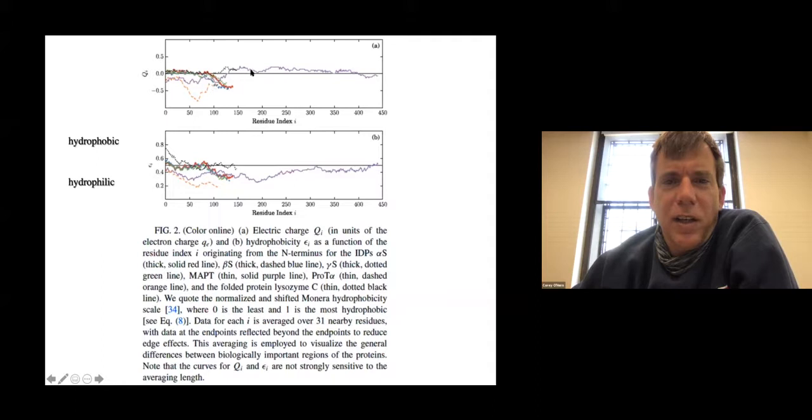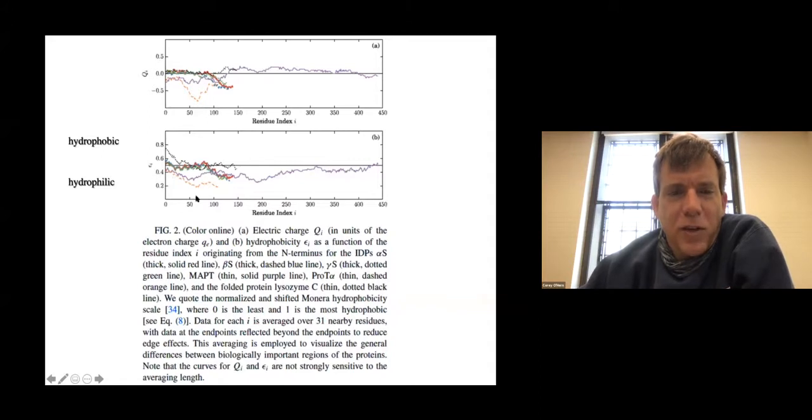And then the tau protein, the one that's very long, it's not very highly charged, but since it's so long, it has these deviations from 0 that are around 0.1. And so if you sum that up over a wide range, you get a significant amount of charge. So it's mostly positively charged on the large residue side, and then it has some negative charge at the low residue side.